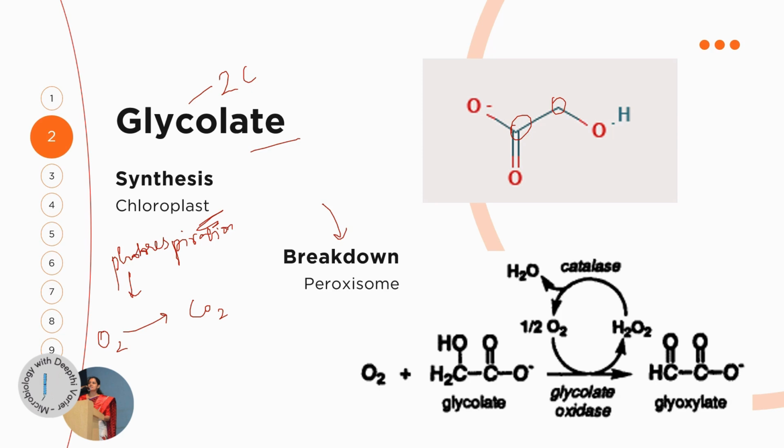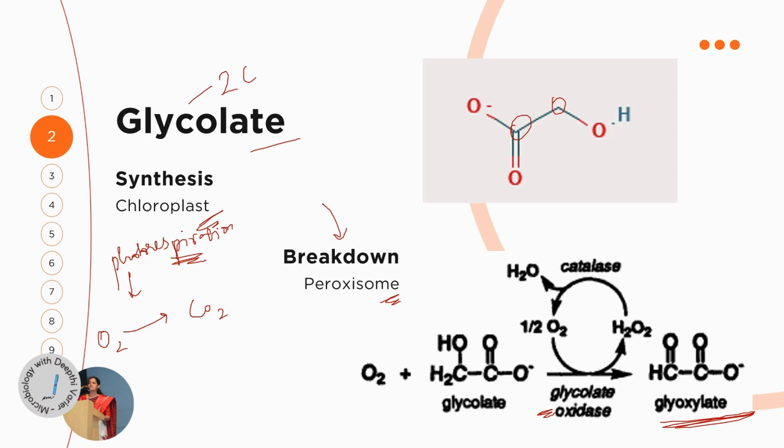So the process where it is being synthesized happens in the chloroplast by the process of photorespiration, but the metabolism, the breakdown, happens in the peroxisome, where in the presence of the enzyme glycolate oxidase, it is being converted into glyoxylate, as you can see over here. So it is transported to the peroxisome where it is getting oxidized. Then that glyoxylate is further used, as we will see a bit later.